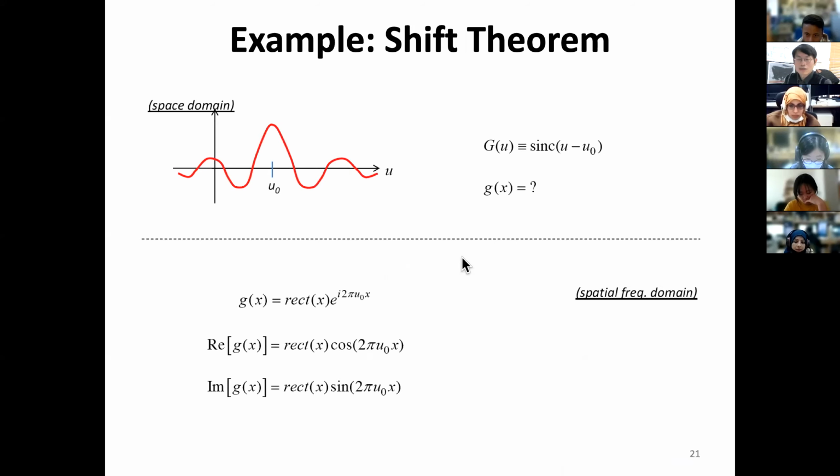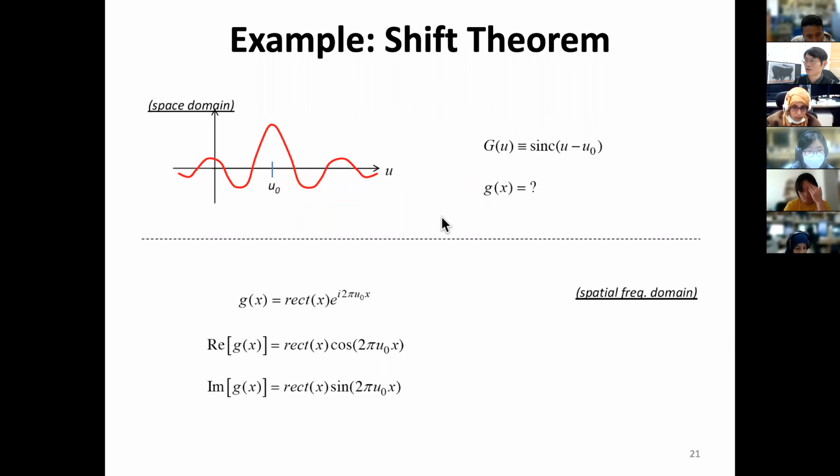So let's do a little bit of an example. What if in the spatial frequency domain there's a shift by a spatial frequency of u sub 0, then the sinc is not just a function of u, but of u minus u sub 0. So then how can you calculate the original form?